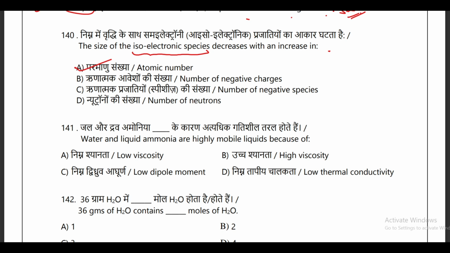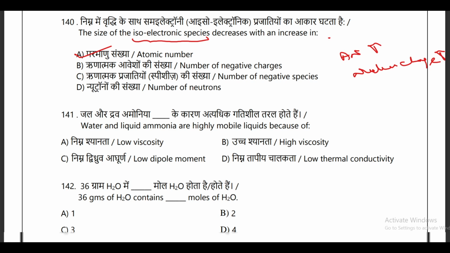So the size of these species decreases with increase in atomic number, okay, because as atomic number increases, nuclear charge also increases. Clear? So the stronger nuclear charge pulls the electrons closer to the nucleus and reduces the overall size of the species. So A option is the correct answer, that is atomic number.